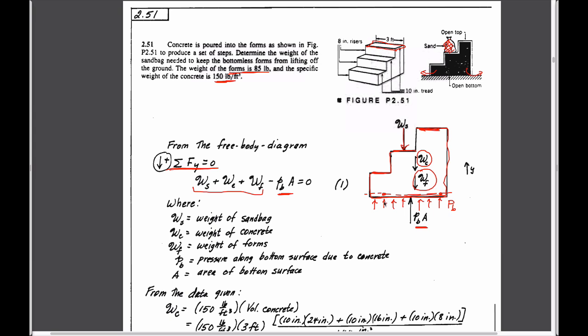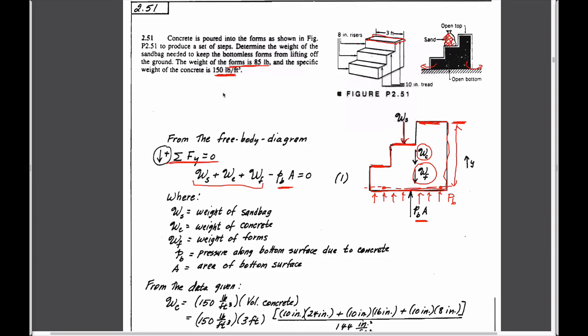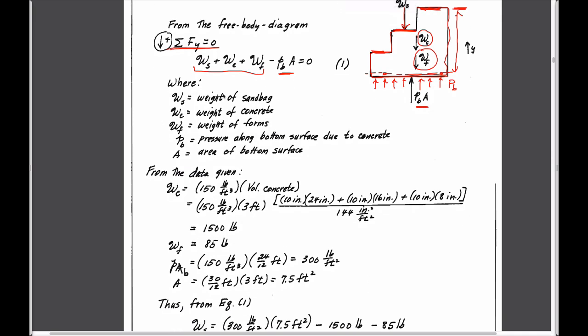And so what is the magnitude of that pressure? Well, it doesn't matter that the form is truncated at these two levels. The actual pressure that's going to be acting is going to be equal to the height of the fluid, the concrete in this particular case before it hardens, multiplied by its unit weight, which we also know here. And so given that, the calculation is relatively straightforward.